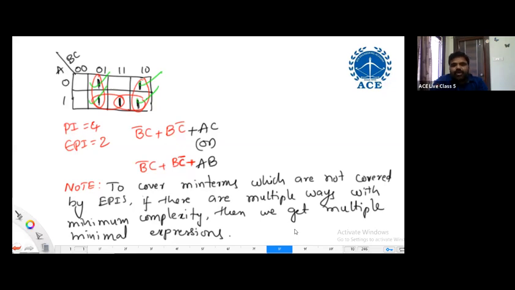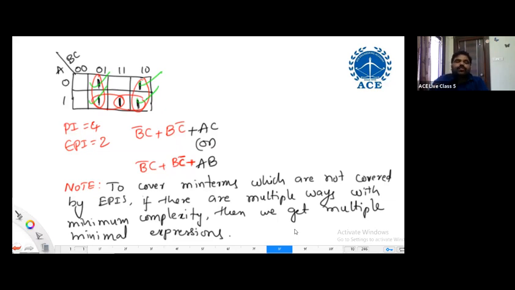Vamshi Krishna, relatively we can say that, but perfectly we cannot confirm. To say perfectly it is redundant, it must be covering minterms which are covered by essentials only. That is not possible in this case, right? So while choosing one, the other one becomes extra. But can we say perfectly which one is extra? No. That is the reason these are called selective prime implicants.